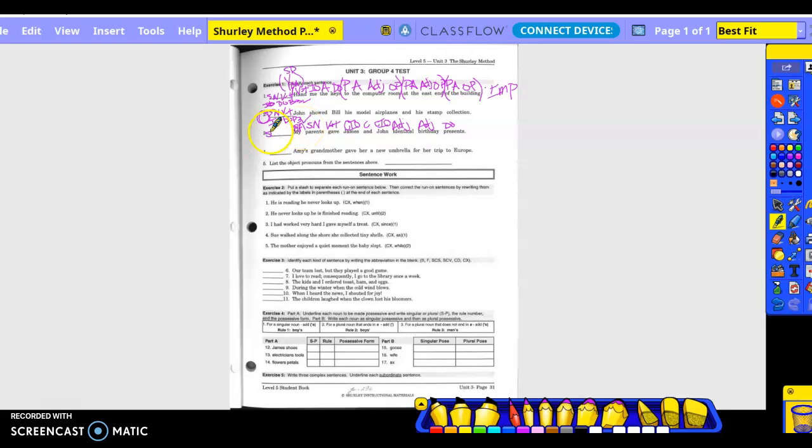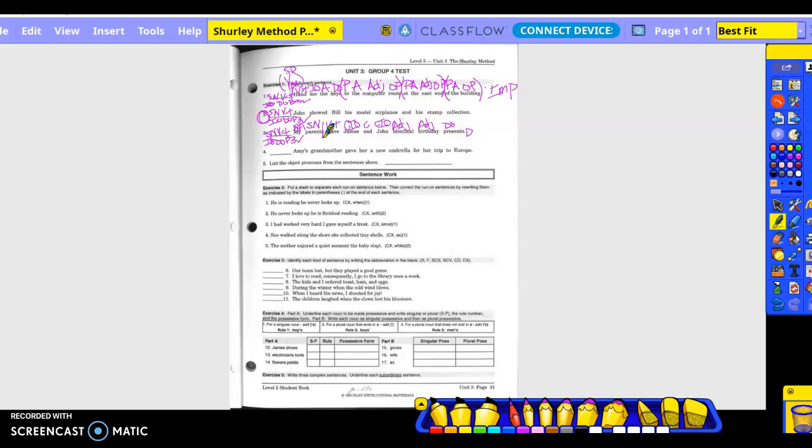Pattern, subject, noun, verb, transitive, indirect object, direct object, pattern 3, check. Okay, no prepositional phrases, period. Go back to the verb, divide the complete subject from the complete predicate. Is there an adverb exception?